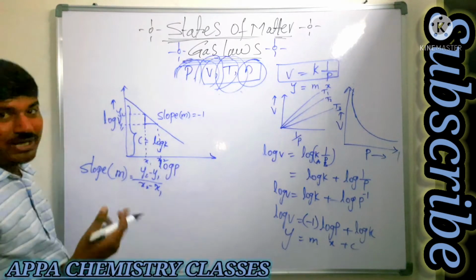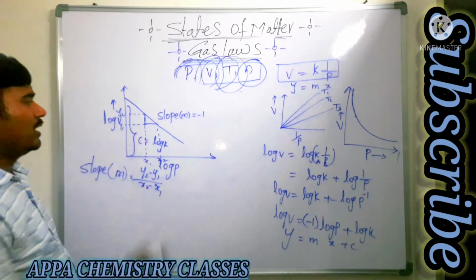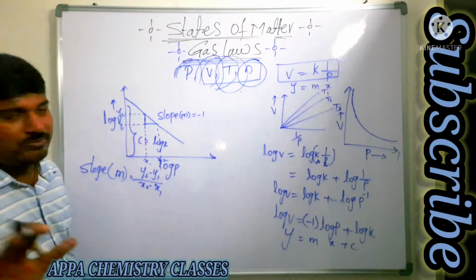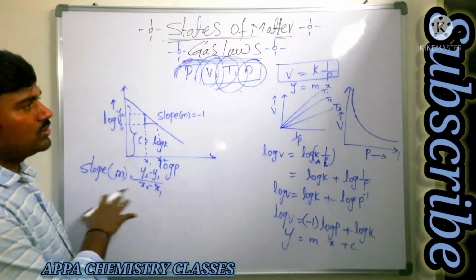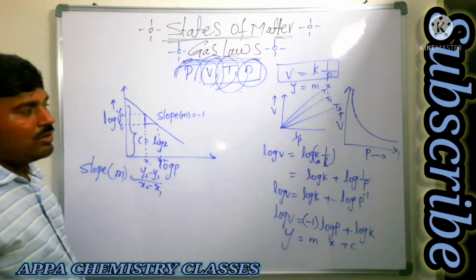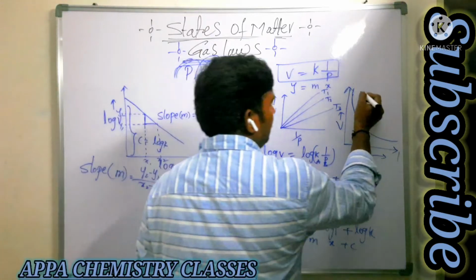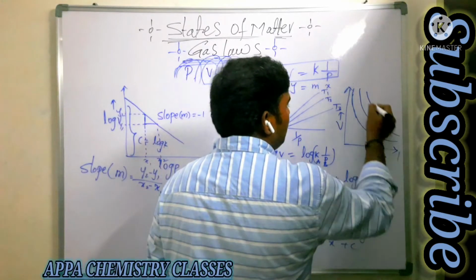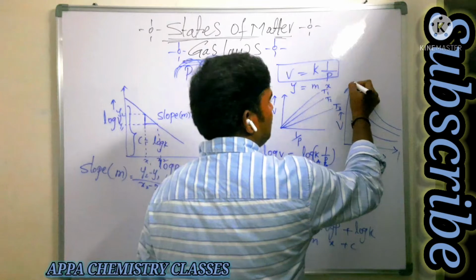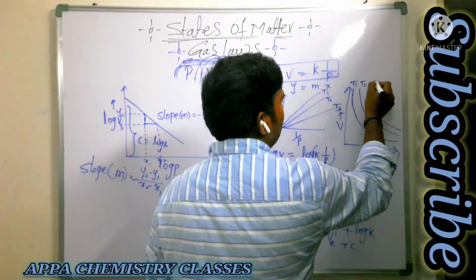Is that clear? So those are the graphs related to pressure versus volume. Whatever graphs I am getting here, all these graphs are obtained at constant temperature. Say for example, at T1 temperature, T2, T3.